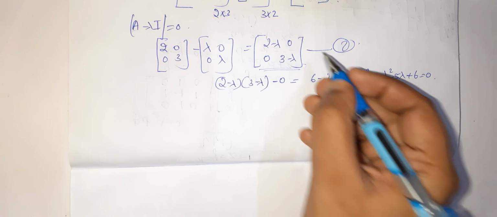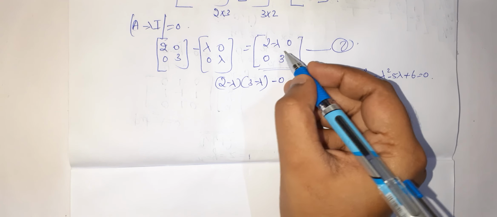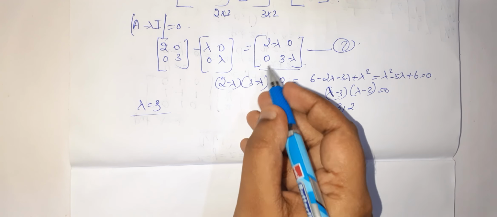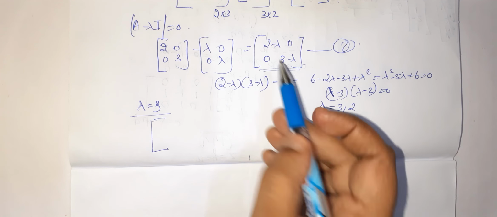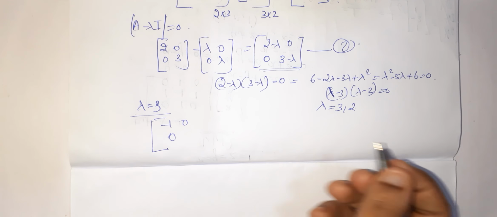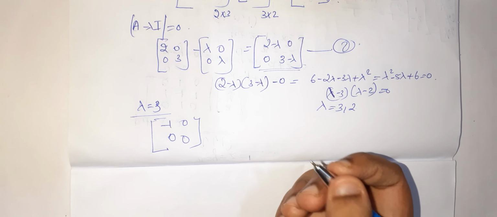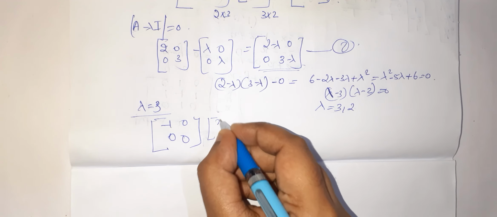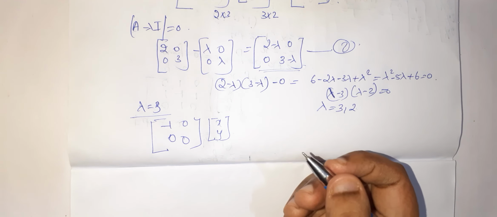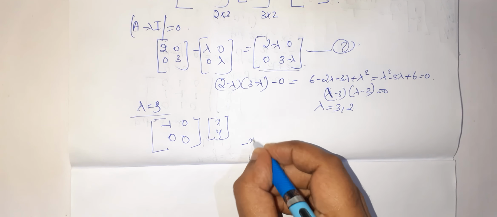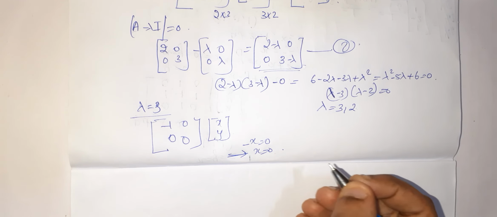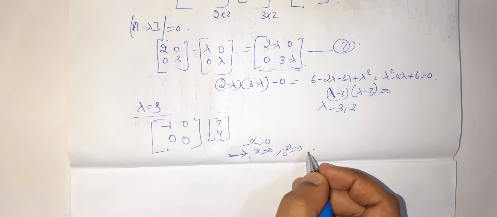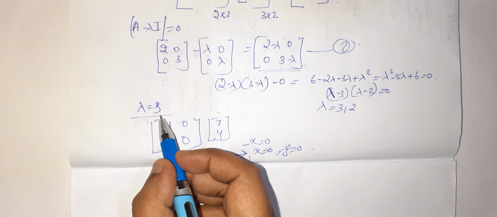Substitute the eigenvalues in our characteristic equation. For lambda equal to 3, the resultant matrix will be 2 minus 3, minus 1, 0, 0, 0. To find the eigenvectors, multiply with the matrix x y. Then we obtain the equation minus x equal to 0, which implies x equal to 0. Also y equal to 0. Therefore, we have no eigenvectors corresponding to lambda equal to 3.